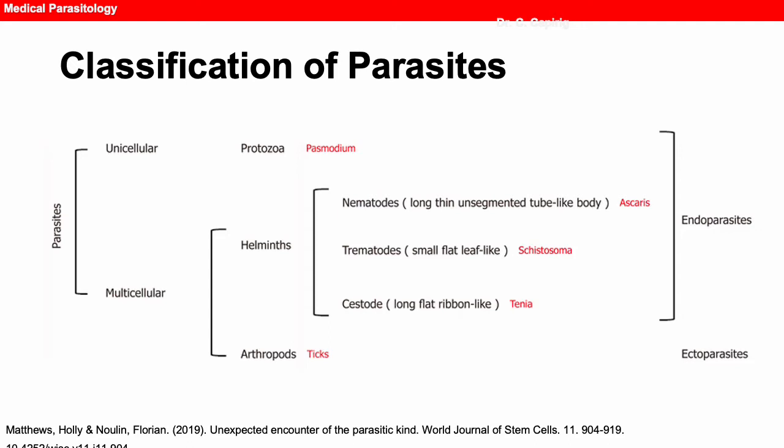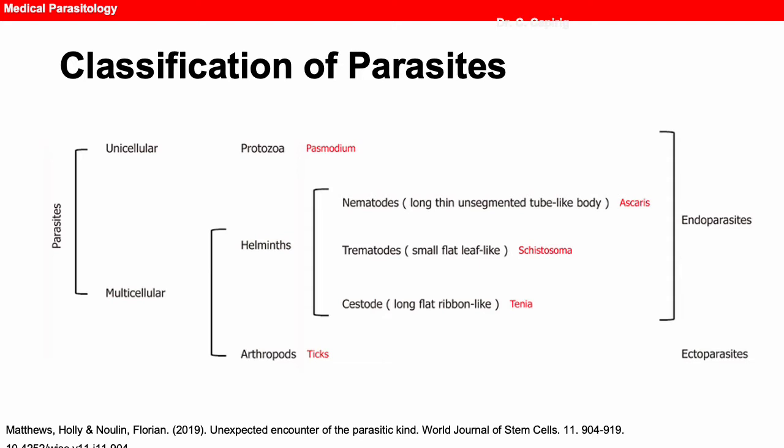Parasites can be multicellular, and it's divided into two. They can be helminths or arthropods. Helminths are also known as metazoans because they are worms, they are multicellular, and they are eukaryotic. Now, helminths are divided into three. They can be nematodes, trematodes, and cestodes.